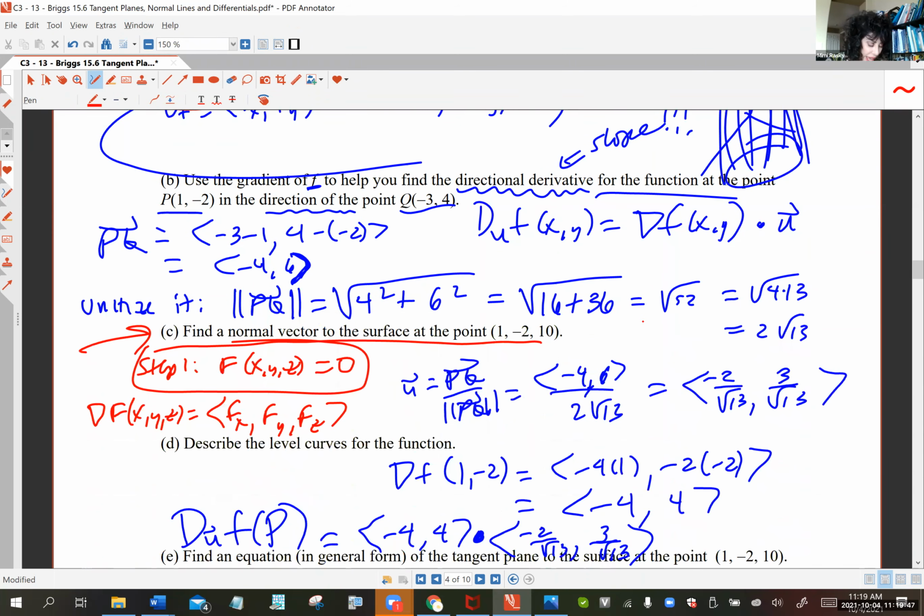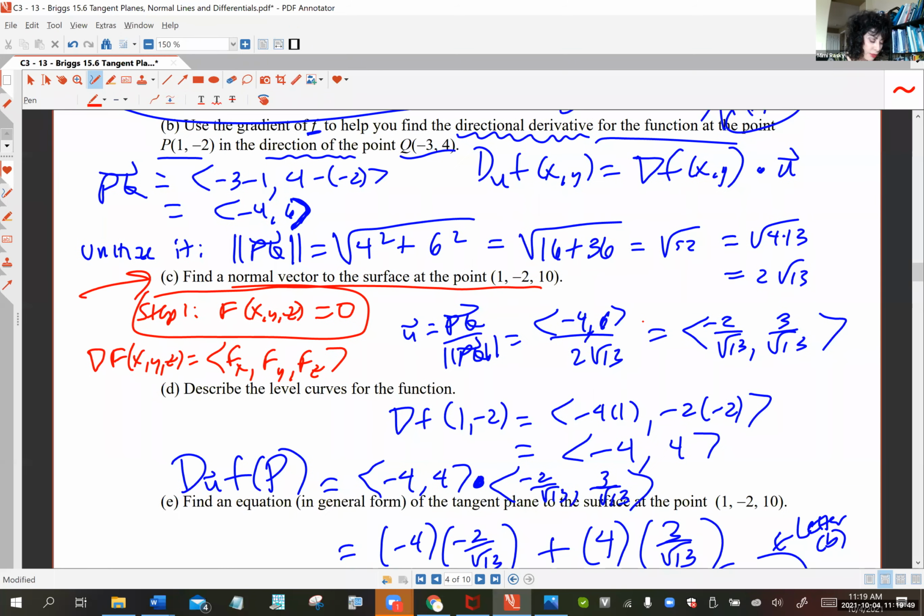Yay! And you have to do step 1 for letter C. So step 1, I have 16 minus 2x squared minus y squared minus z equals 0. And all this junk that's on the left-hand side here, I'm renaming that big F. And it is a function of 3 variables there. You see, there's x's, y's, and z.